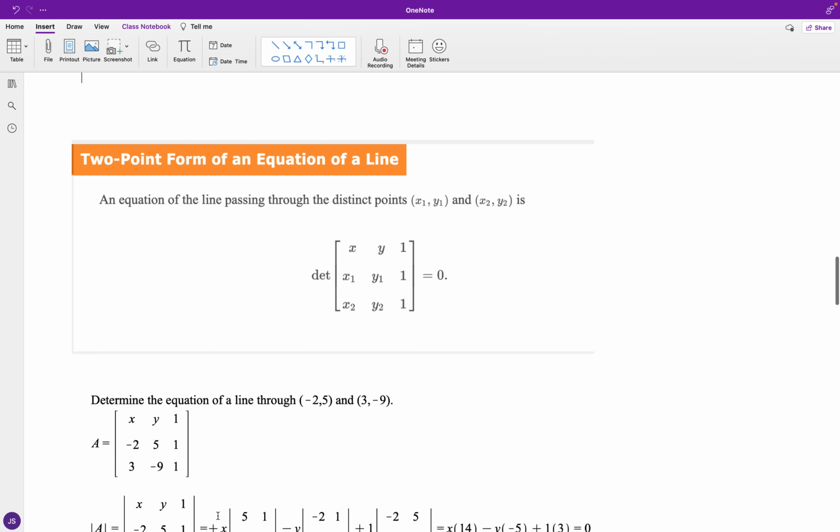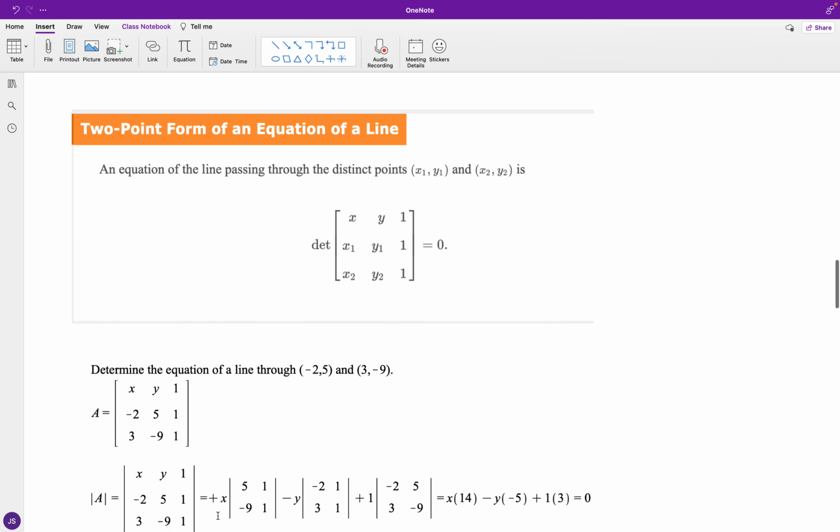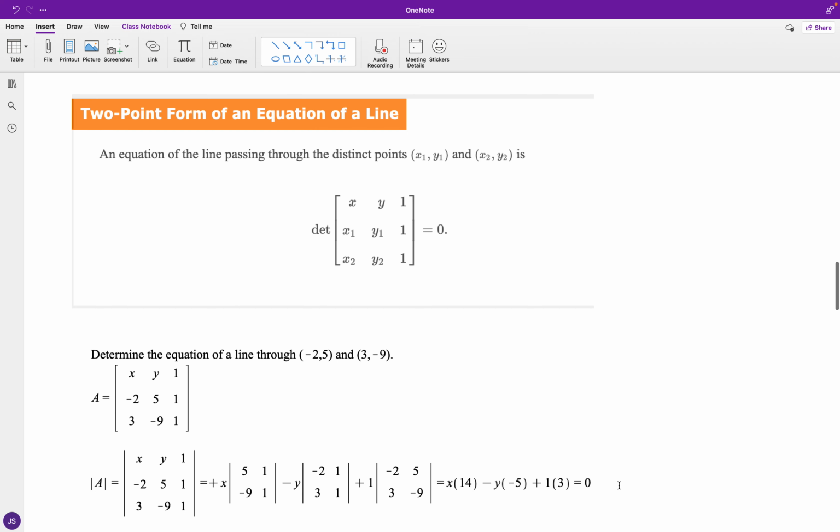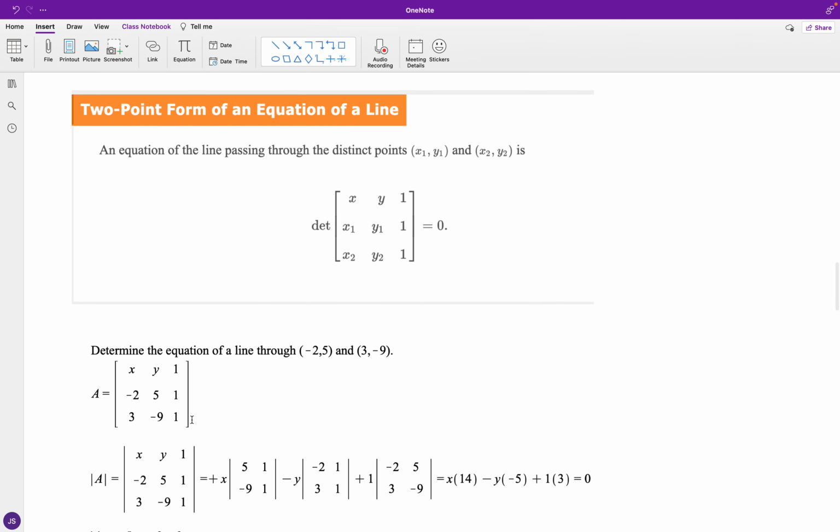Looking at the value of the determinant, we're going to make sure that this is equal to 0. Breaking this up into 2 by 2 determinant portions, going column by column, you have plus x, minus y, and plus 1.